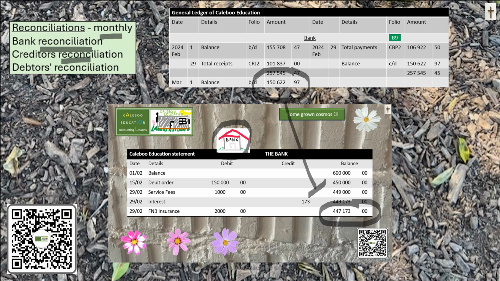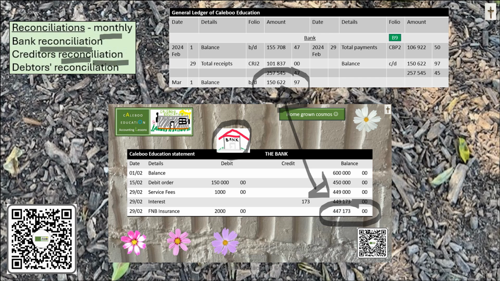Now you can see there is a big difference between what's in our books and the balance in the bank's books. So what we do is we do a reconciliation to find the differences, why these two amounts are not equal. But I'll do a whole video on a reconciliation.